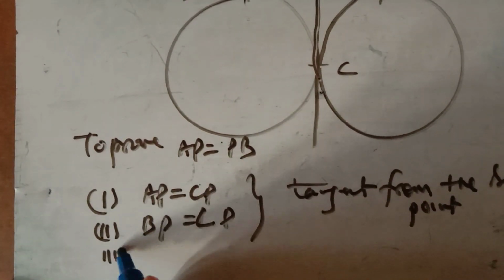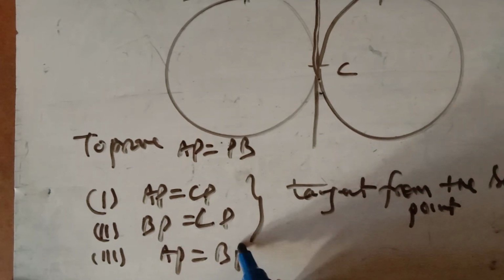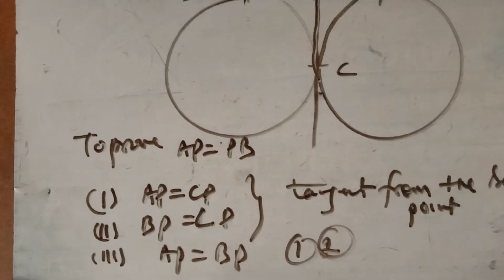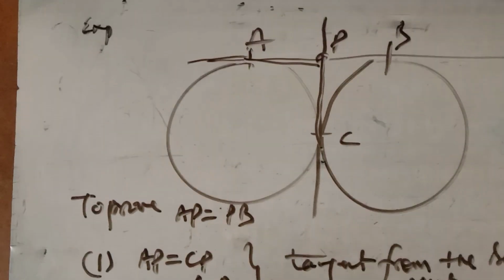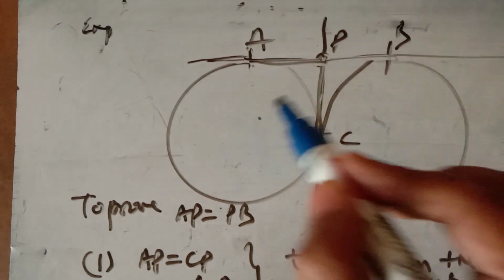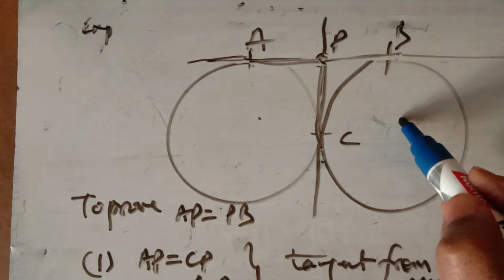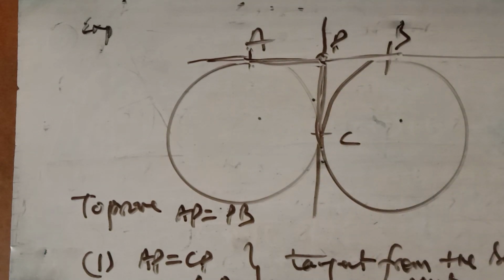So what can you conclude from this? Therefore AP will be equal to BP, from steps 1 and 2. It is a very easy question. You have to prove that this is equal to this. A is the tangent from the same point to this circle, and this is the tangent from the same point to the other circle, and they are equal to each other, so their lengths are the same.